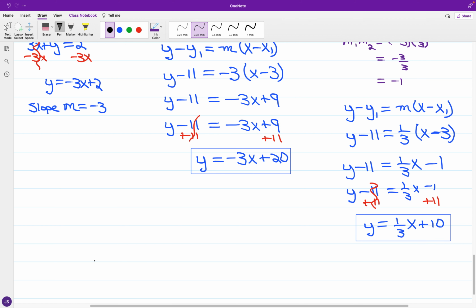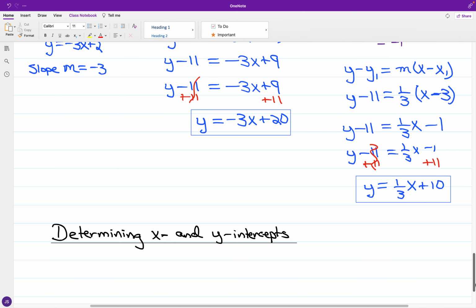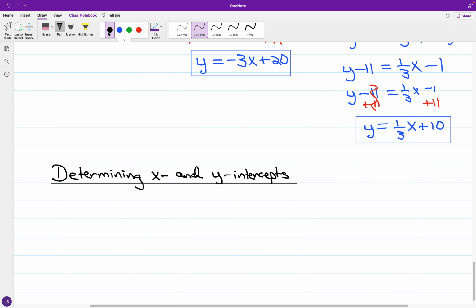And for what we have with the intercepts, in the case of determining x and y intercepts, okay, just mentioning some of the definitions here.